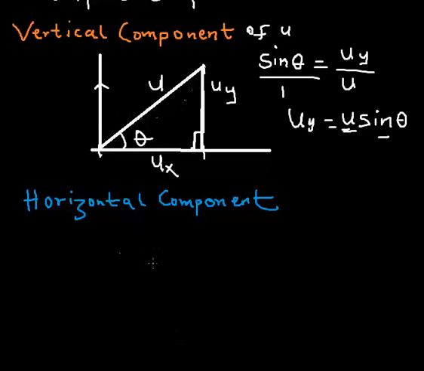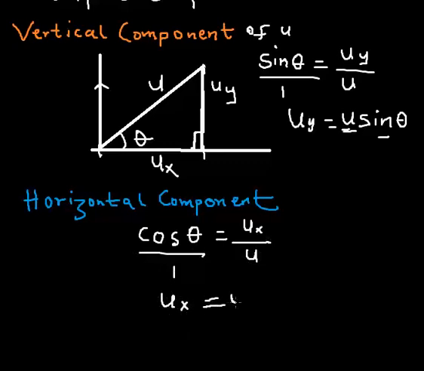So that ratio in trigonometry is called cos theta. Cos theta is always given as adjacent, which is ux, my horizontal component, divided by u. So if I cross multiply as usual, I'll have that ux is equal to u cos theta.